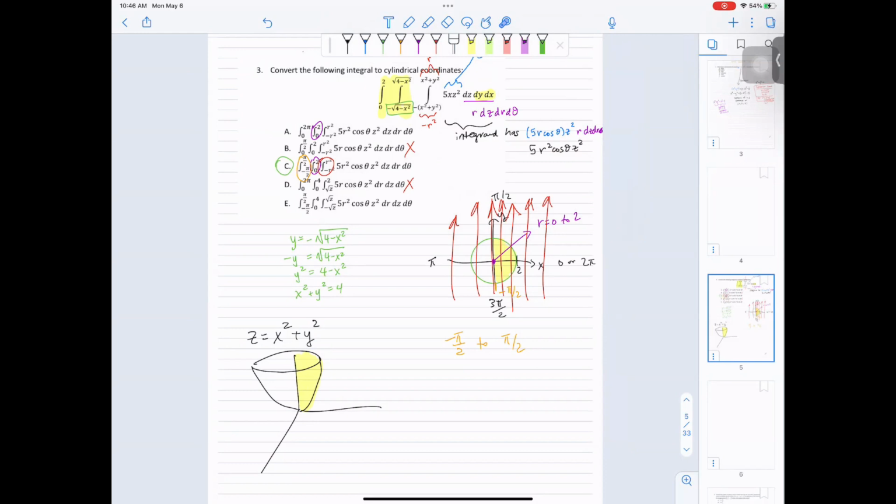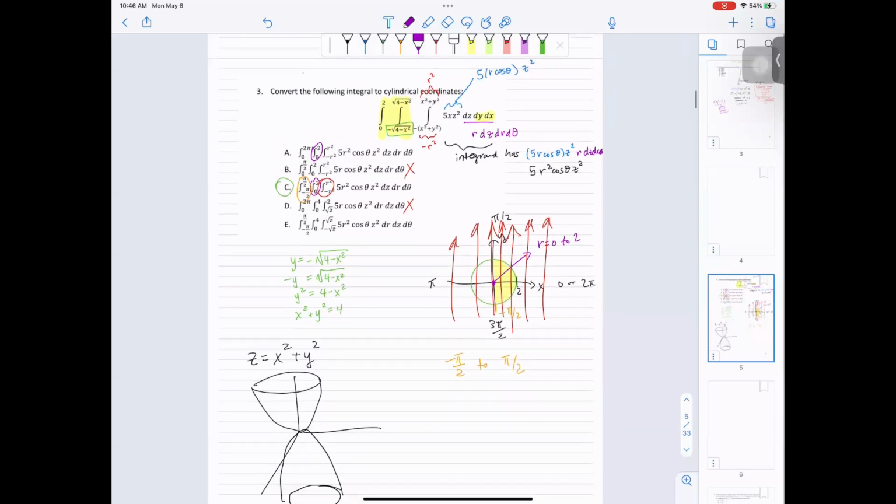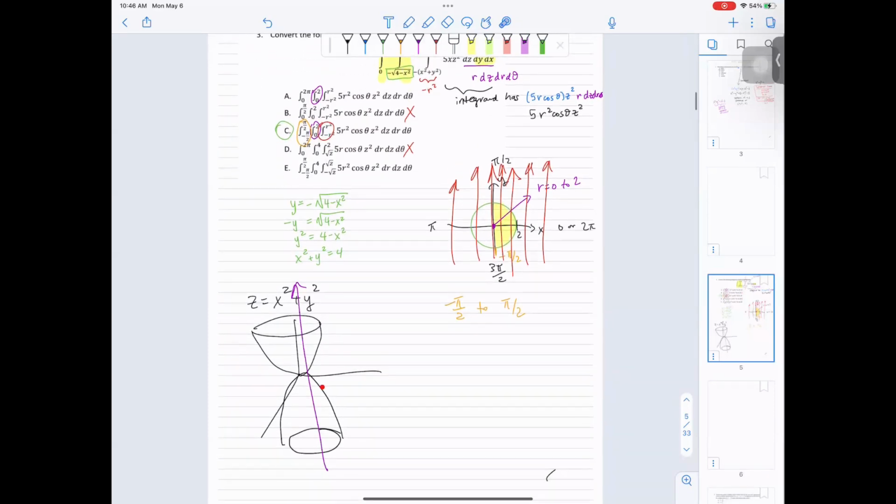Oh, wait. Never mind. This goes from negative of the paraboloid to positive of the paraboloid. So actually, when I draw a line in the increasing z direction, like this purple line, it enters after I get out of this lower paraboloid, and it exits as soon as I hit the upper paraboloid. So really, my region is like this weird middle part.